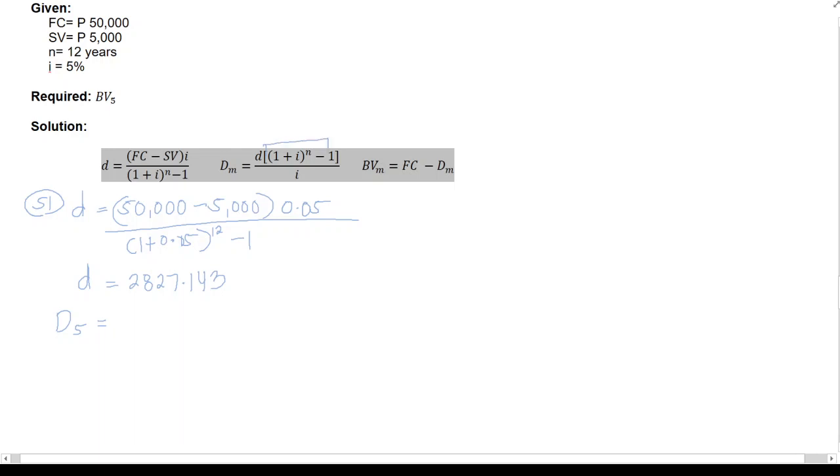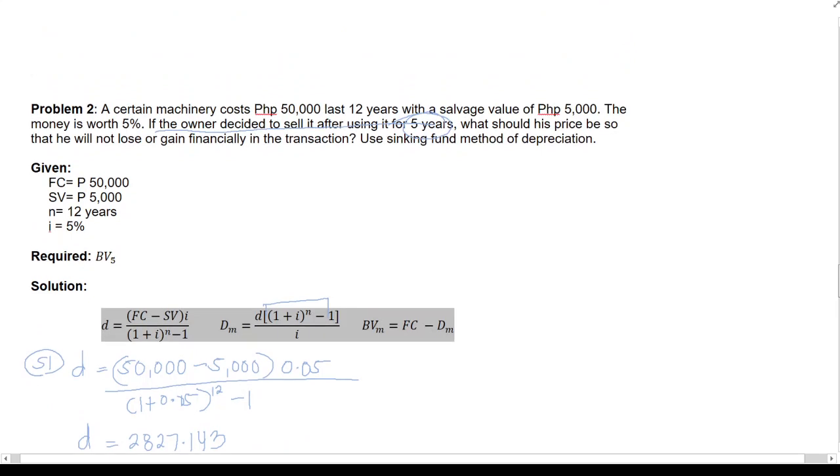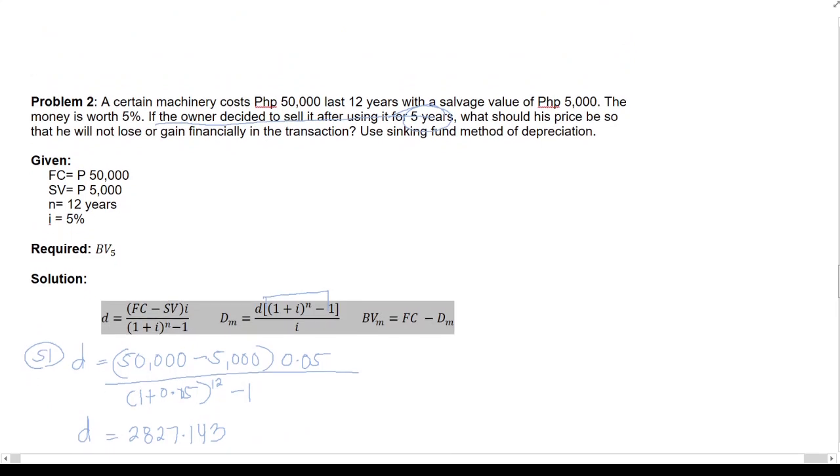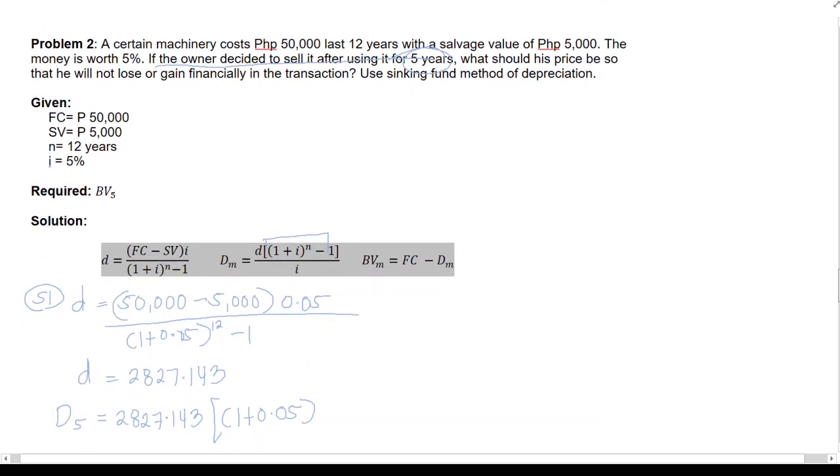Okay, so this is our formula, D equals 2,827.143 multiplied by (1 plus 0.05) raised to n, the useful life. We are asked to find the depreciation at 5 years.